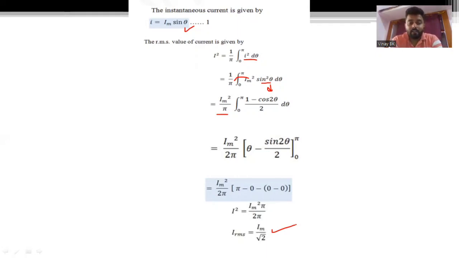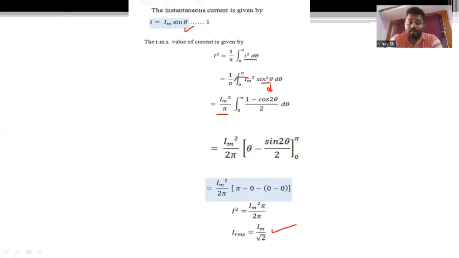Now, one thing: the alternative questions you can expect apart from this. Here they asked that RMS current is directly proportional to the maximum value. Similarly, they can ask that RMS value of voltage is directly proportional to maximum voltage.